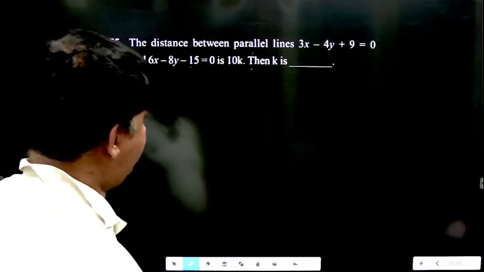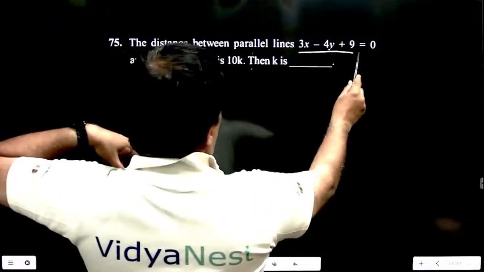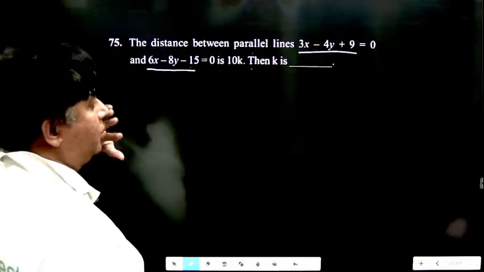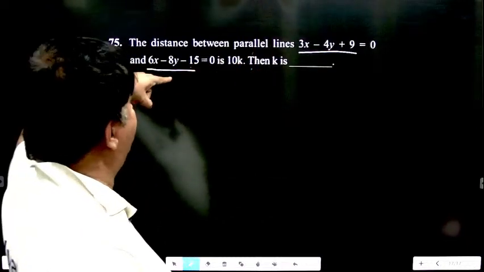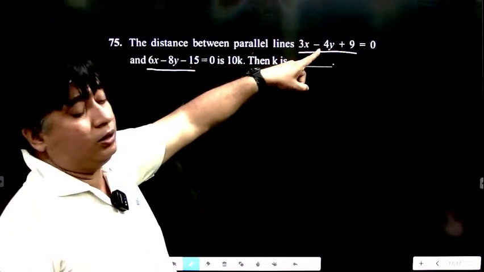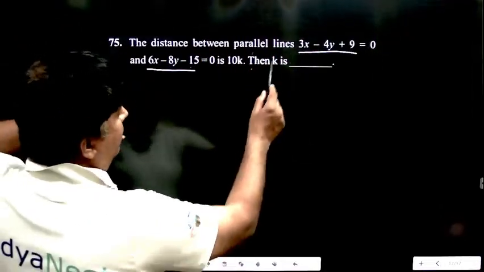Yes, sir. Now, it is given that these two lines are parallel. It is a so simple approach. Once you mention that they are parallel, their coefficients of the variables must be the same. Here it is parallel. Why?